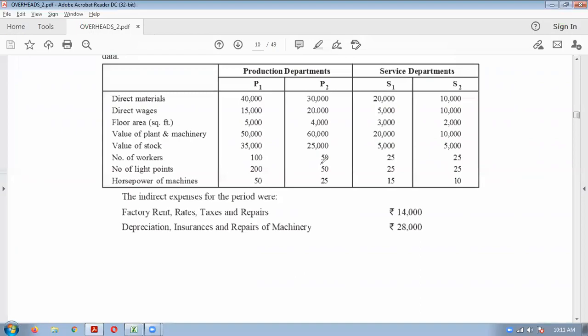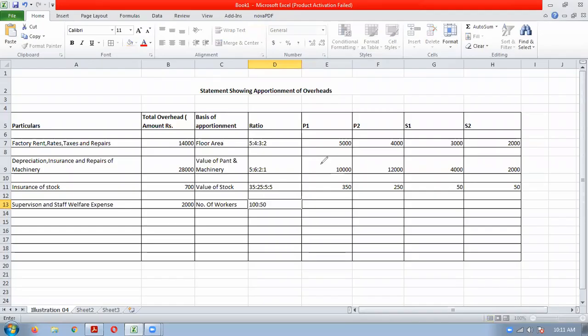100 is to 50 is to 25 is to 25. This you can further break down as 4, 2, 1, 1. So solve this, you will get the values.